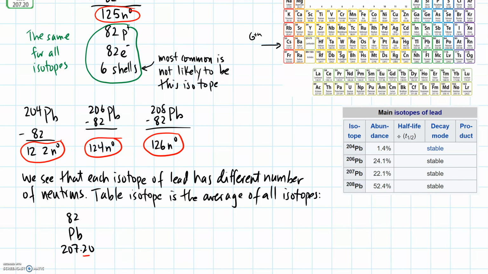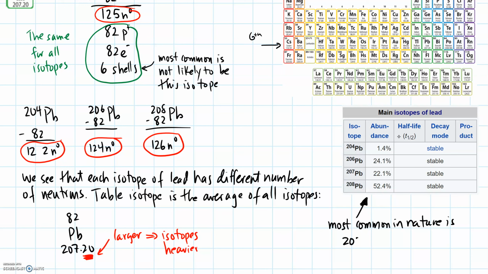The fact that this number is larger implies there are heavier isotopes. And from Wikipedia, I got this off of Wikipedia right here, and you can see that the most common in nature is 208 lead.